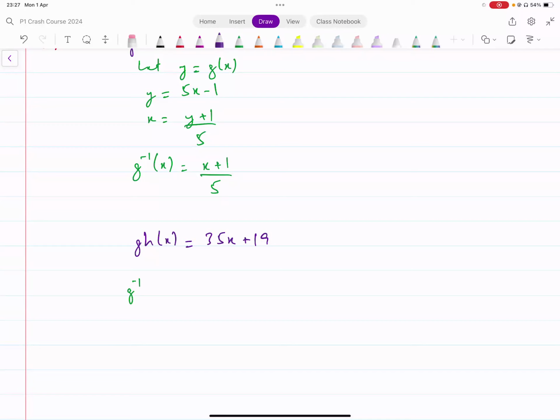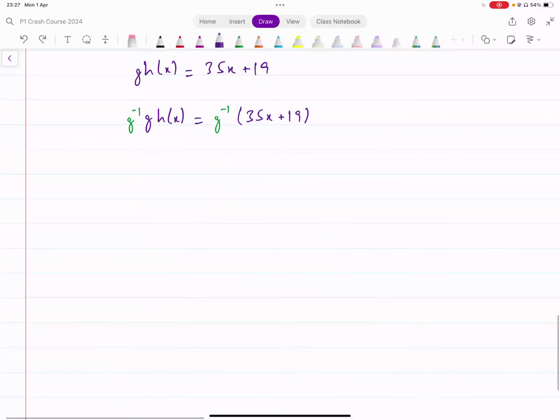We're applying g inverse on the left side, g inverse of g of h of x, and that equals g inverse of 35x plus 19. Does that make sense? So we apply g inverse on both sides to get rid of this g.